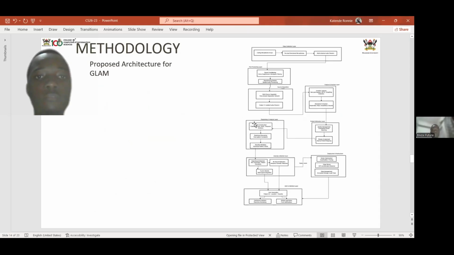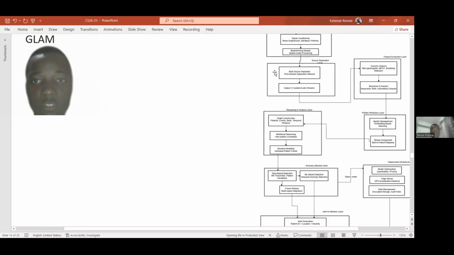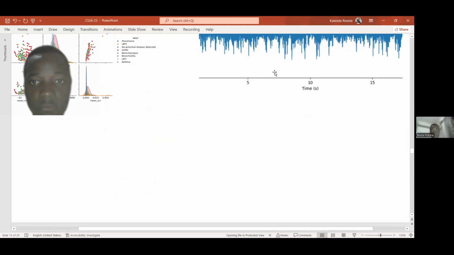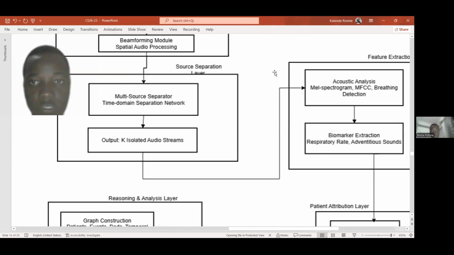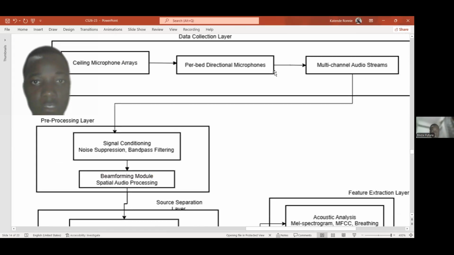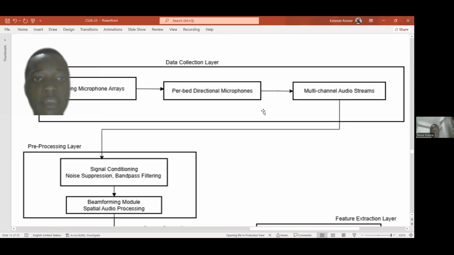We have the methodology of the proposed architecture of GLAM. So the data collection layer, how was it able to collect data?